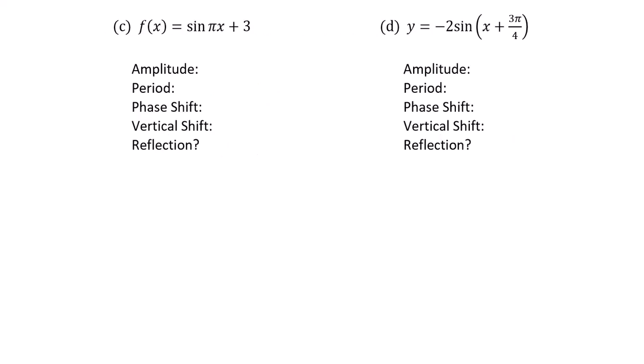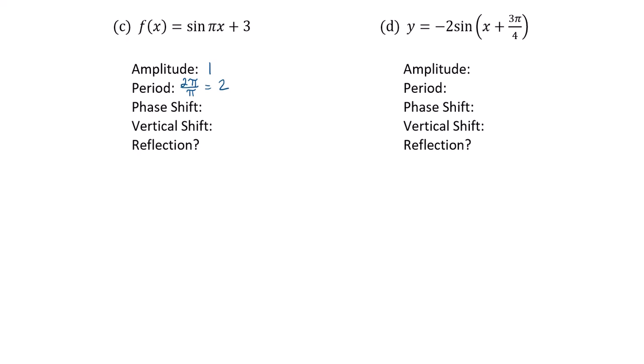F of x equals sine of pi x plus 3. My amplitude is 1. The period is 2 pi over b, which is pi. That simplifies to be 2. One thing that tells us is that my horizontal axis is going to be labeled with integers rather than some denomination of pi.